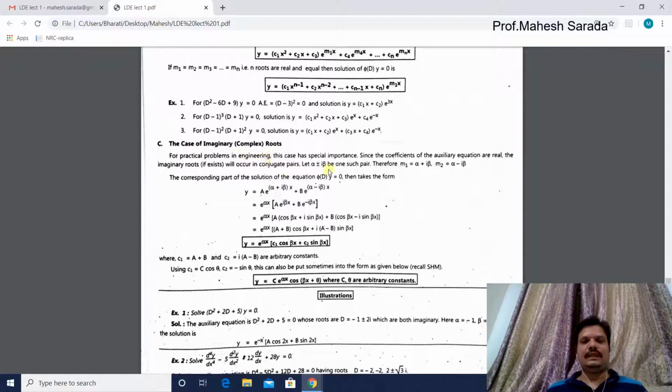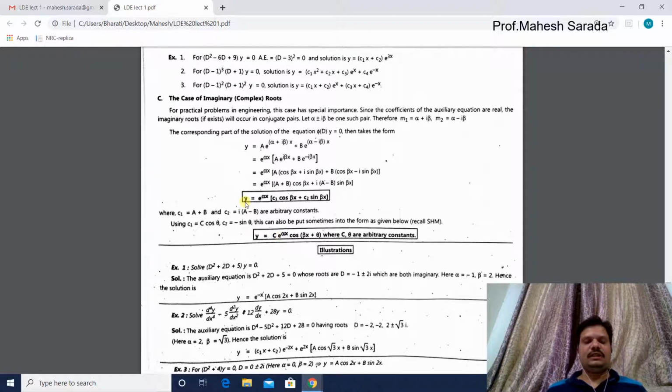Third case, the roots are complex and non-repeated. For example, if the roots are alpha plus minus beta i, then the real part is alpha and the imaginary part is beta. So the first root is alpha plus i beta, the second alpha minus i beta. Now if we have complex and non-repeated roots, then the general solution is y equals e raised to alpha x, where alpha is the real part, into the bracket c1 cos beta x plus c2 sin beta x.